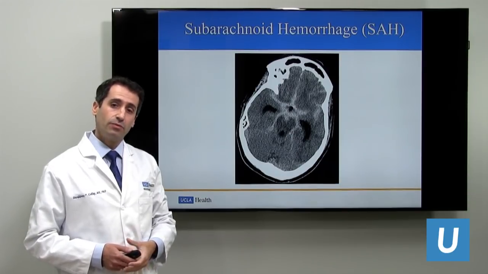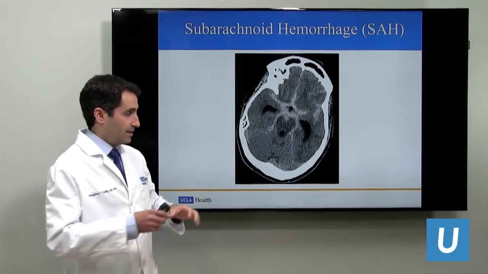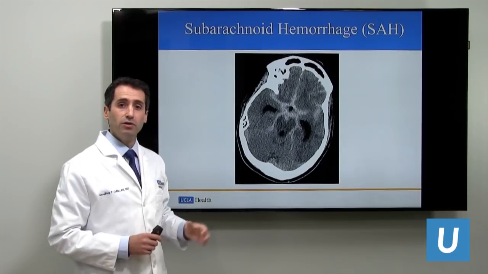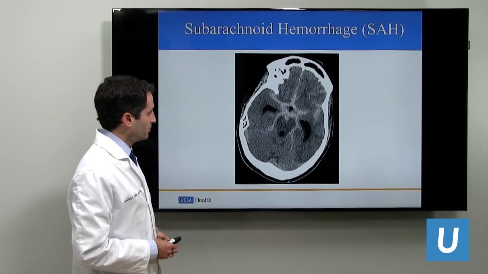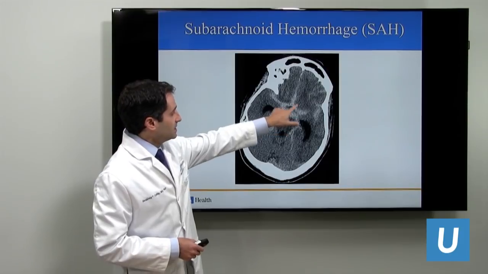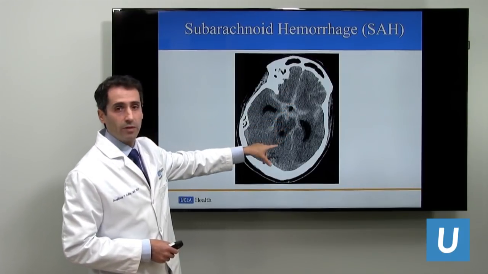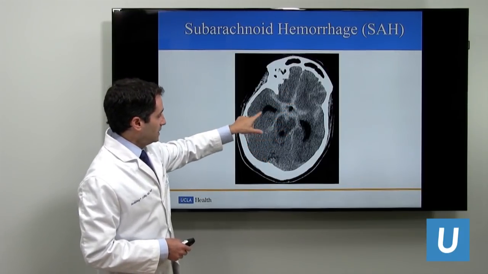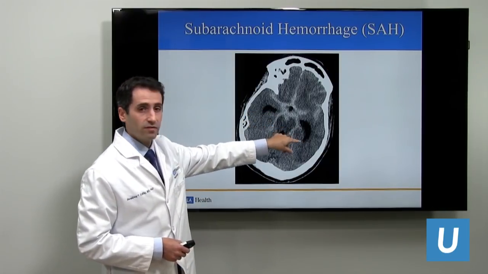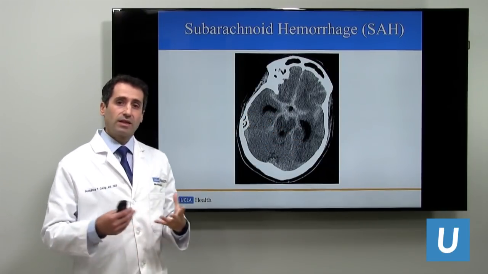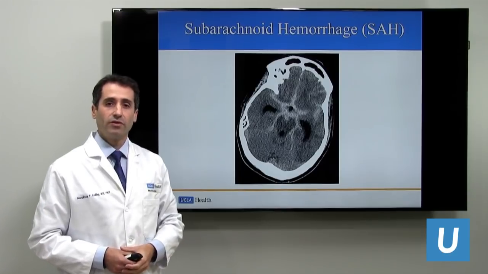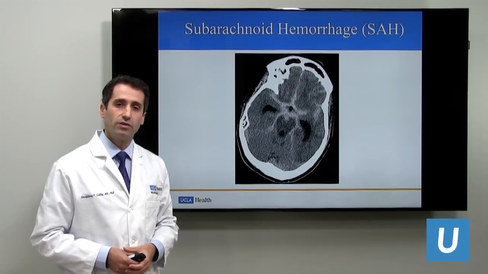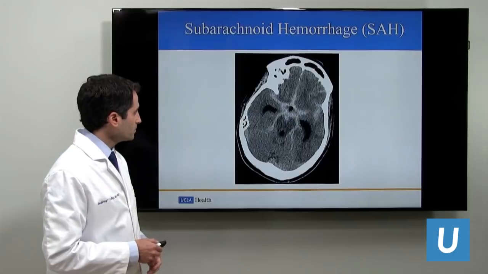That is blood that's within the subarachnoid space that has spread out because the blood moves with the liquid of the cerebral spinal fluid. And so we see an extensive amount of blood in the head here from a ruptured aneurysm. And we also see these darker spaces, which are also fluid spaces of the brain. These are expanded, which is something called hydrocephalus, and that's something that can also result from a ruptured aneurysm.